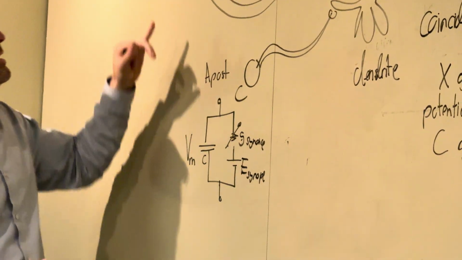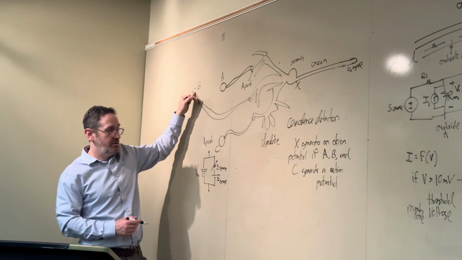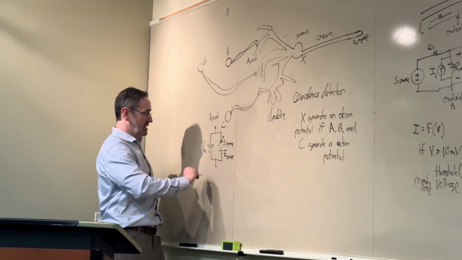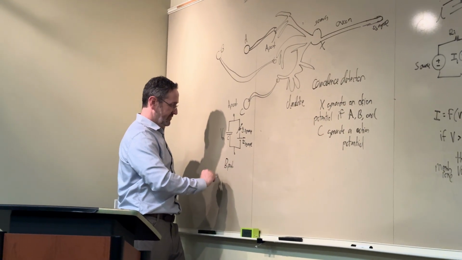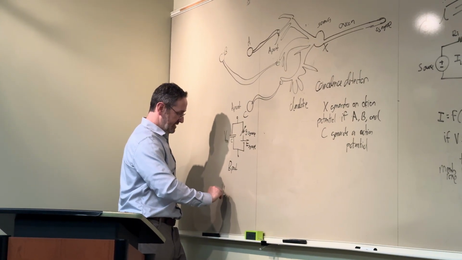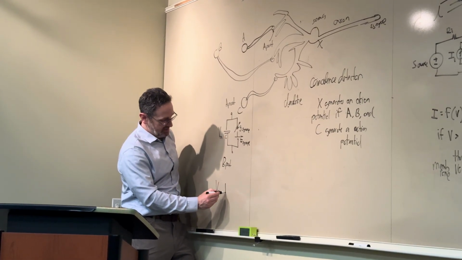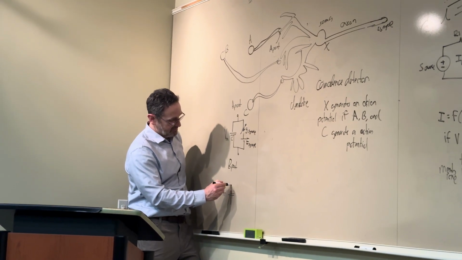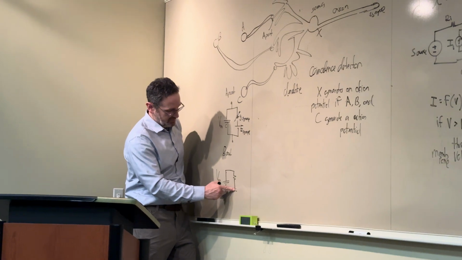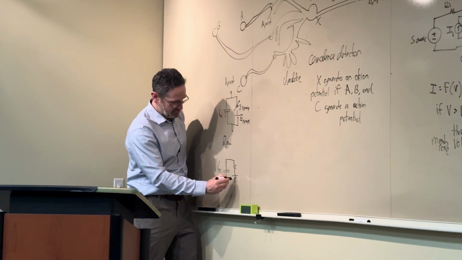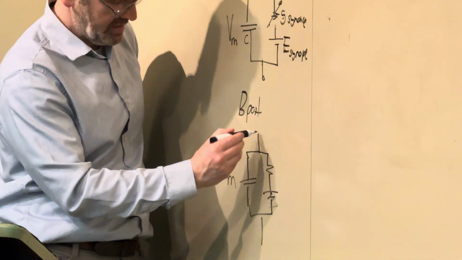Well, this one's going to be similar. So now I'm going to call it B post. It has a VM, and I'm going to draw it the same way. Sorry, I know this is blocking, but maybe you know what I'm drawing. It's the same thing.